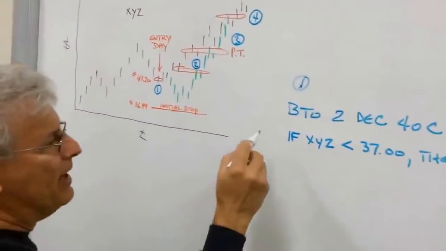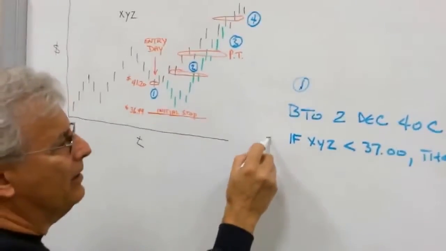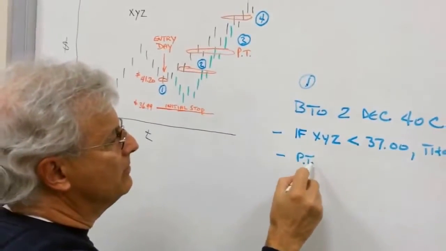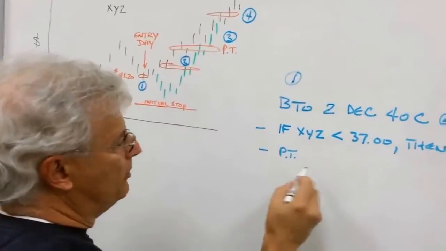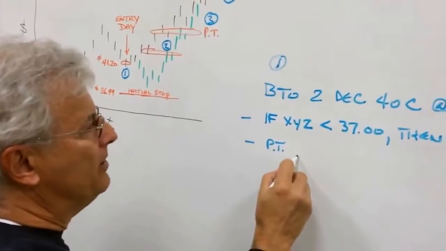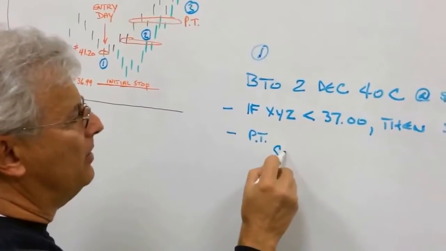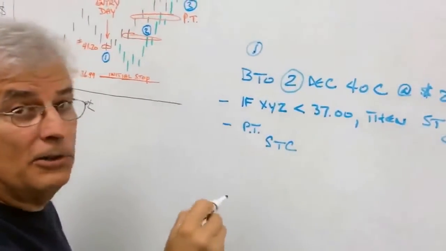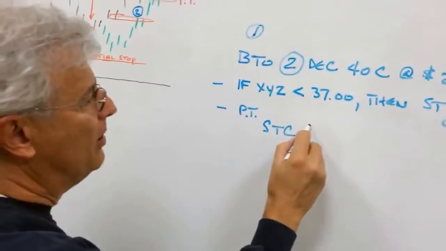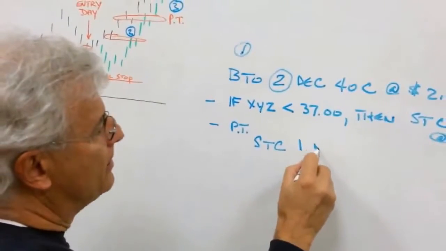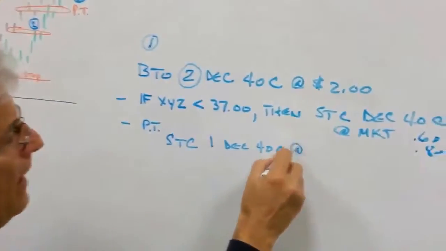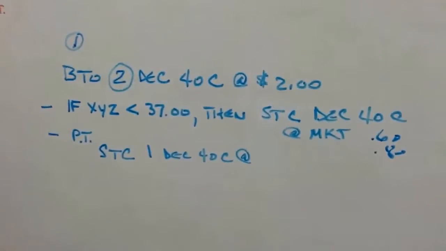Okay, now at the same time we enter the initial stop, we're going to enter the profit target. And we do that directly with the option. We're going to say sell to close. Since we are long 2, we want to sell half now. We're going to sell to close 1 contract, December 40 call, at a predetermined profit target.